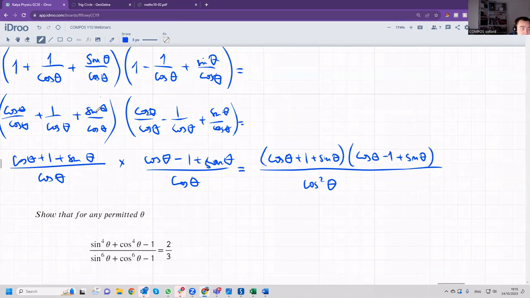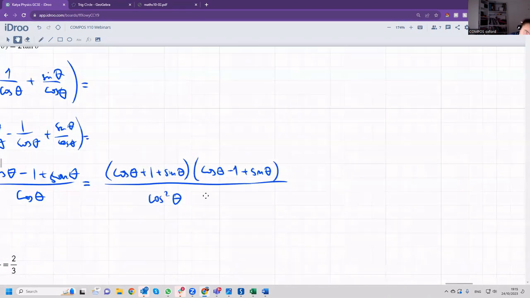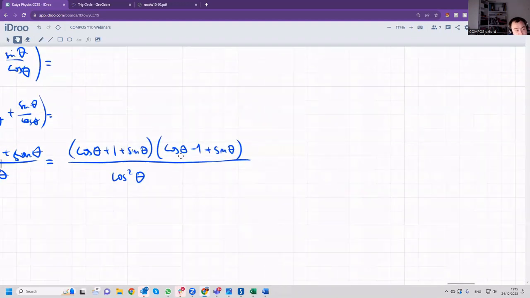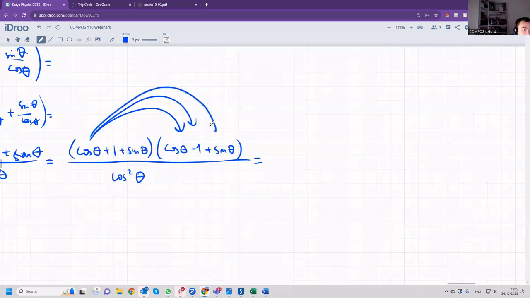Here I don't have to be very clever. I'll just multiply the top out: cos by cos, cos by minus 1, cos by sine, and do it 9 times basically.